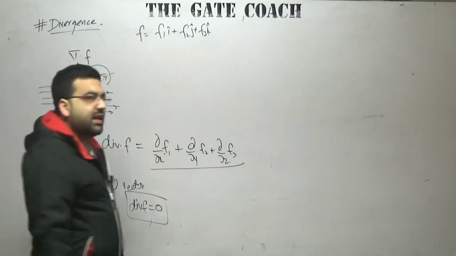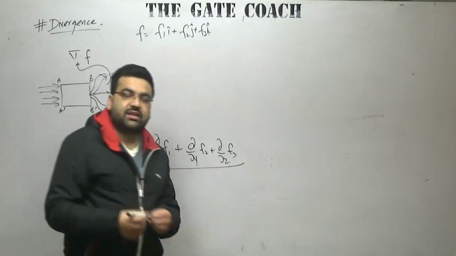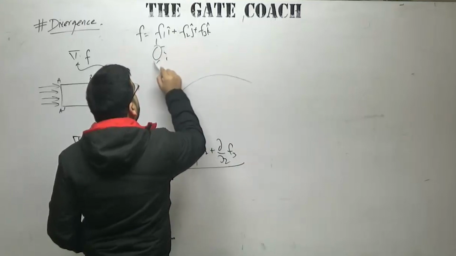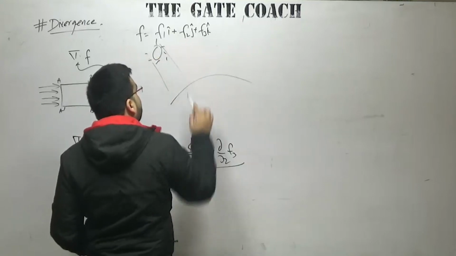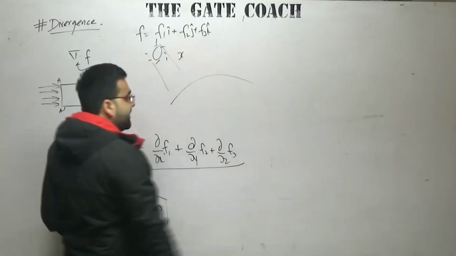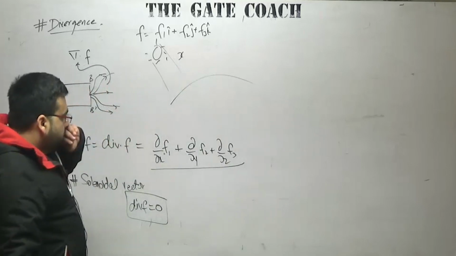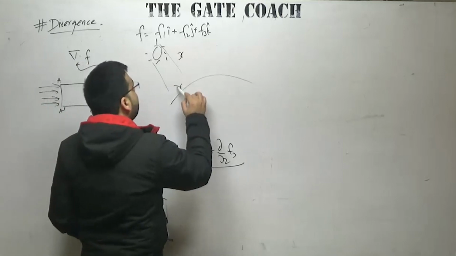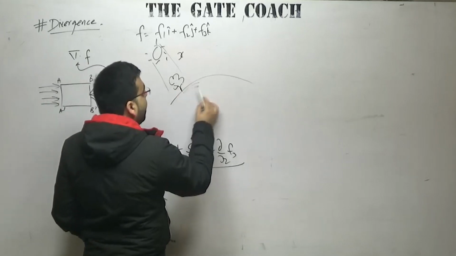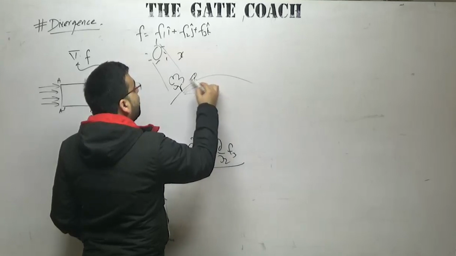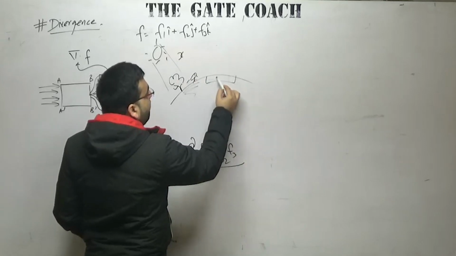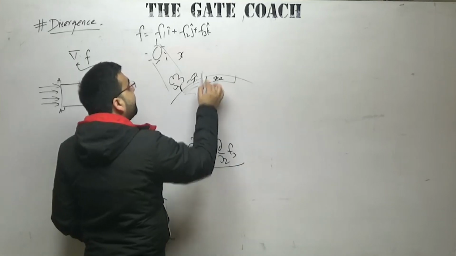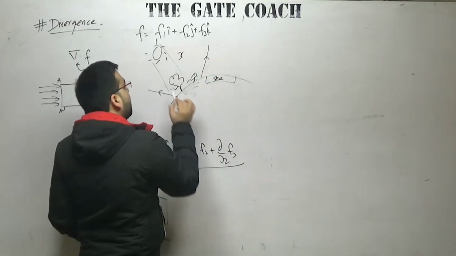For example, I gave you an example of sunlight. This is my earth, the earth's surface, this is the sun. Some sunlight is coming here. Let us say X amount of sunlight is coming here. After falling on the earth's surface, some sunlight is absorbed by plants, some is absorbed by the earth itself, some by human beings, some by water bodies, that is the sea, etc. And some light is reflected back to the atmosphere.